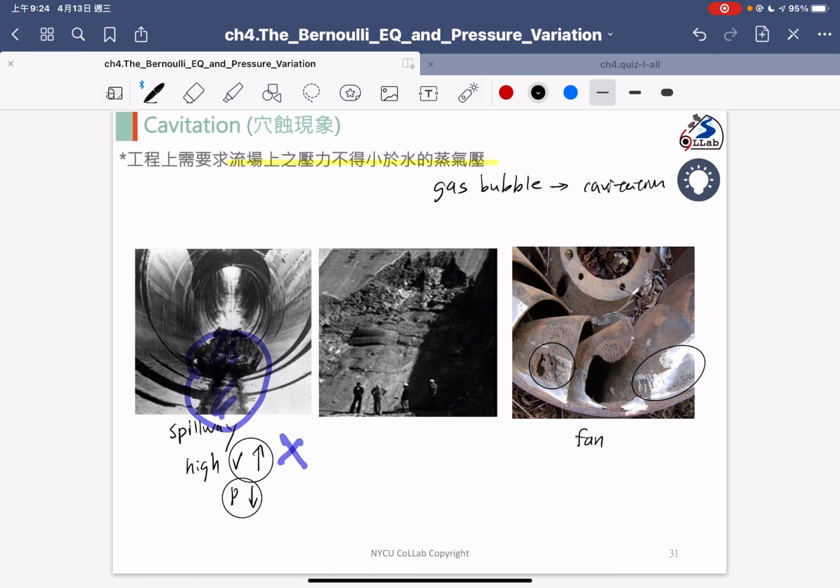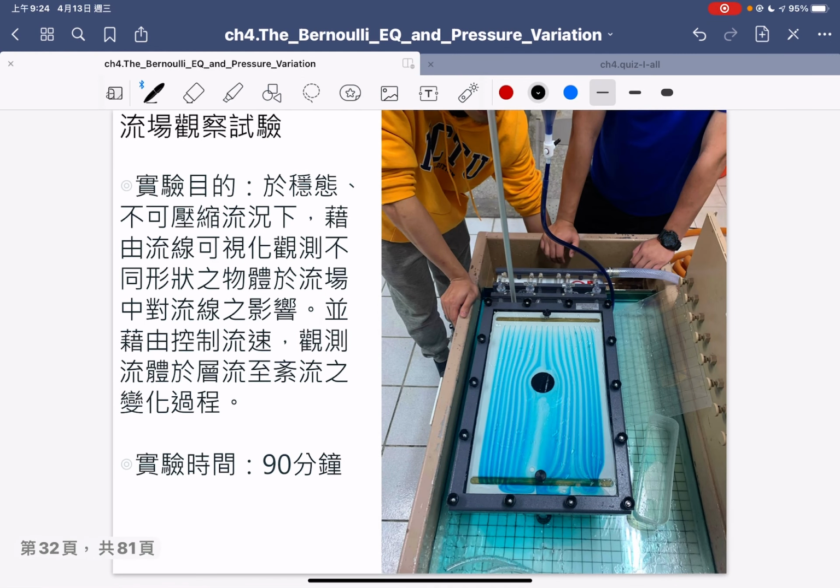Okay? So, based on this idea, in our laboratory experiment in the next semester, we will do an experiment we call flow observation. In that case, you can see we will put one object in, and we control the flow velocity.